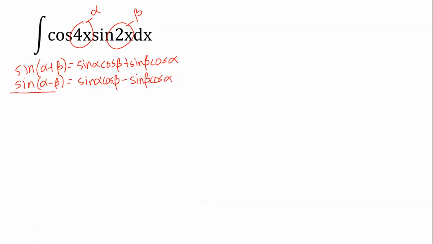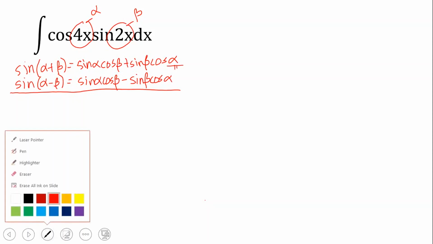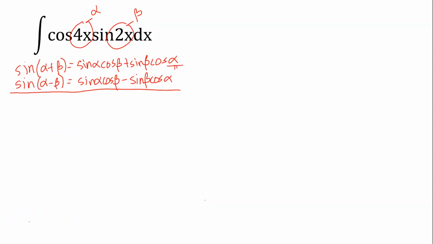So how are we going to use these two trigonometric identities in transforming cosine 4x sine 2x? Take note, we have the same function: alpha for cosine and beta for sine. Therefore we have to retain this second term in our equation.